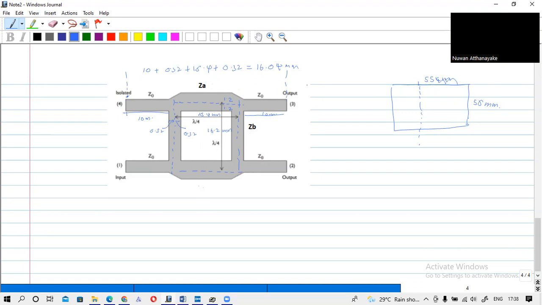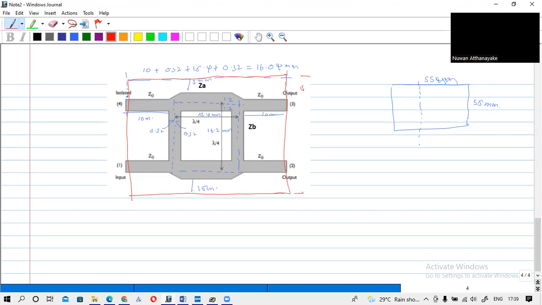Then what is the width of my substrate? For the total substrate, I take 5 millimeter from here and also 5 millimeter from here. This is already calculated. What is this length?